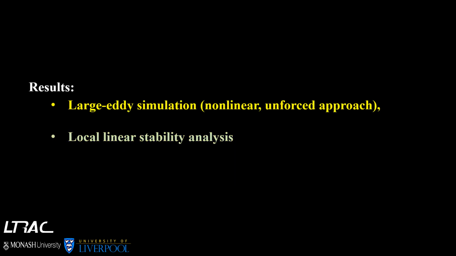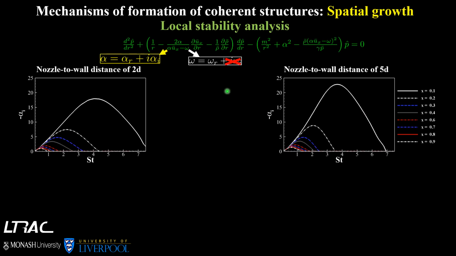As also mentioned earlier, we utilize local linear stability analysis. We are interested in spatial growth rate, so omega is a real number. At each axial location, we take the mean field, substitute it into the compressible Rayleigh equation, pick the frequency, and solve the compressible Rayleigh equation to obtain the growth rate. Then we perform this analysis for a wide range of frequencies to obtain the growth rate as a function of frequency for each axial location.